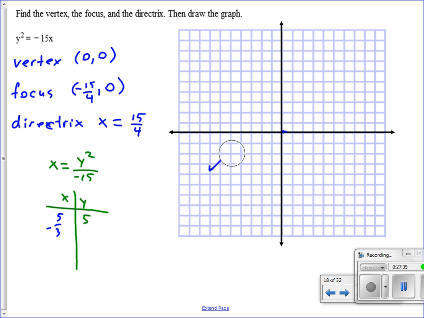Which I should have known because we already said that the graph opens how? Yeah, it opens to the left. So negative 5/3 is going to be about negative 1 2/3, right? And that's going to be at 1, 2, 3, 4, 5. It's going to be here. That makes way more sense.